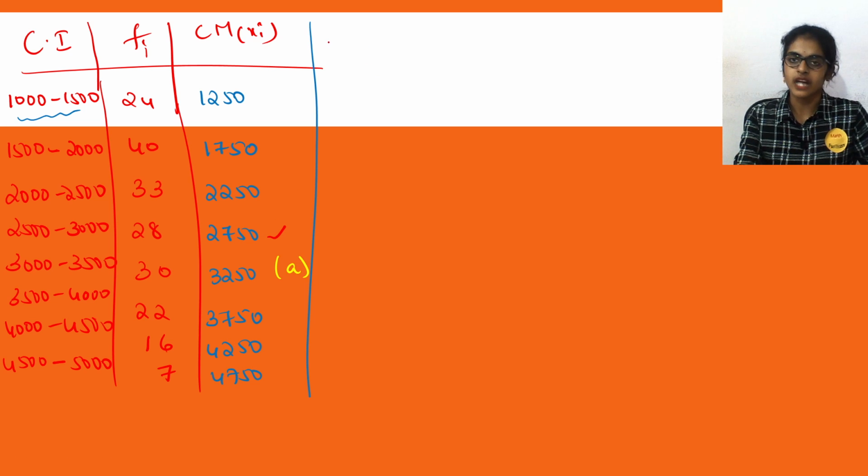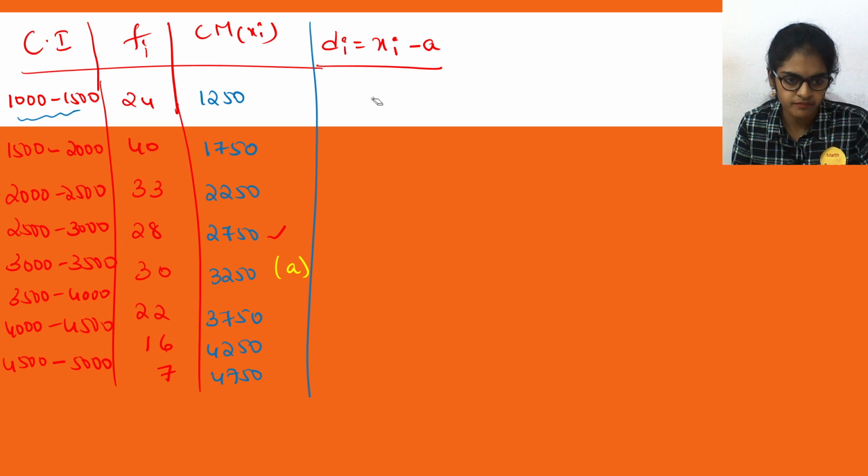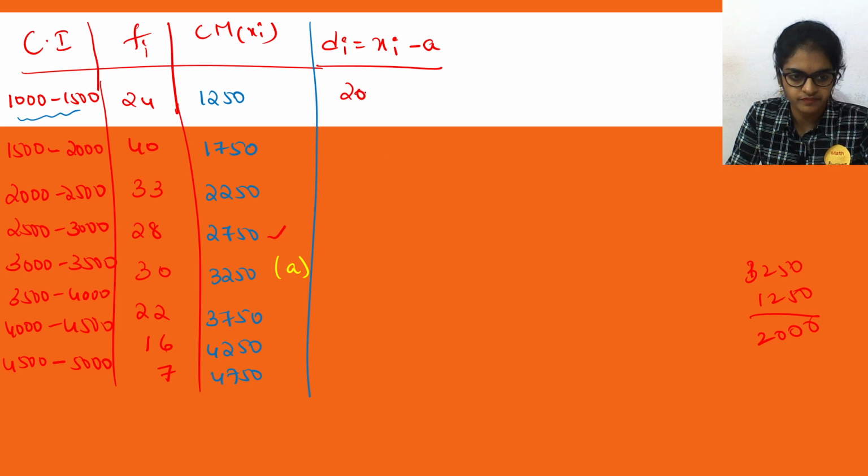Now what do you do? You find the deviation between the class mark and the assumed mean. So the class mark 1250 minus 3250, you get minus 2000 here.